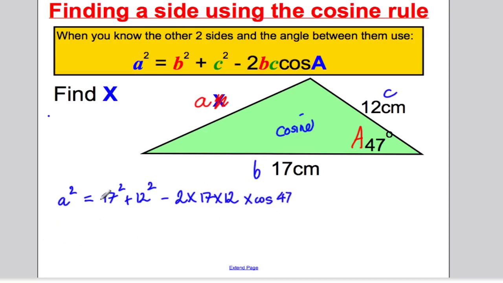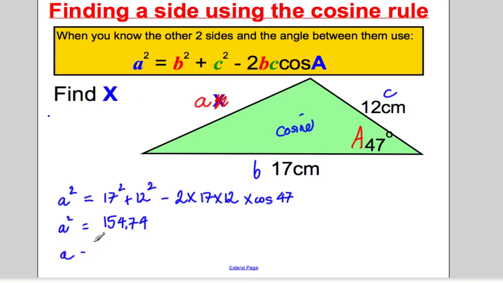And if you work all that out, it gives you a squared. So on your calculator, practice getting the right answer as I'm getting here. So 17 squared plus 12 squared minus 2 times 17 times 12 times cos 47. And with a bit of luck, you should get 154.74 odd. But that's a squared. They want you to find the length, so you square root it.